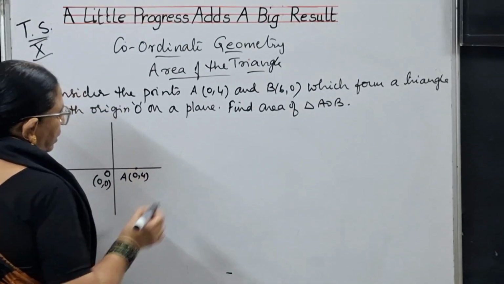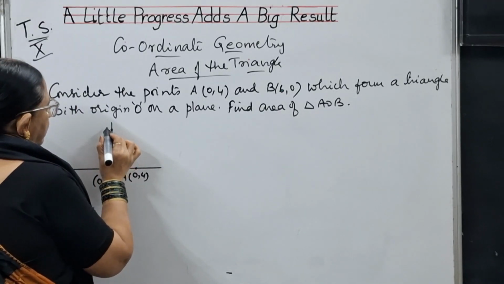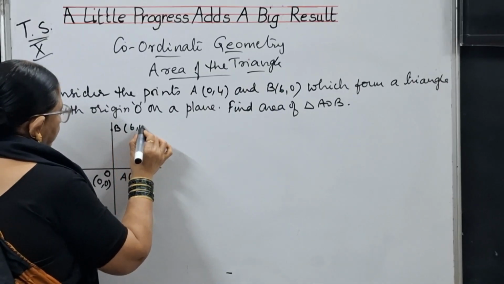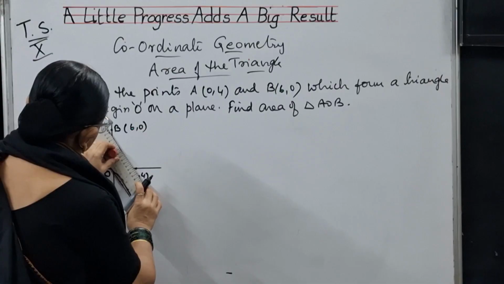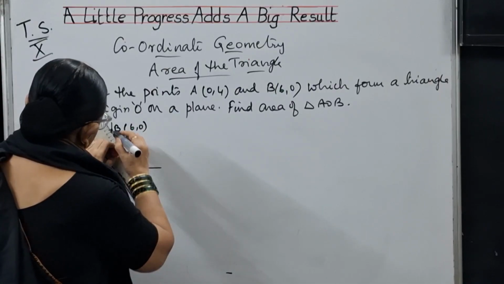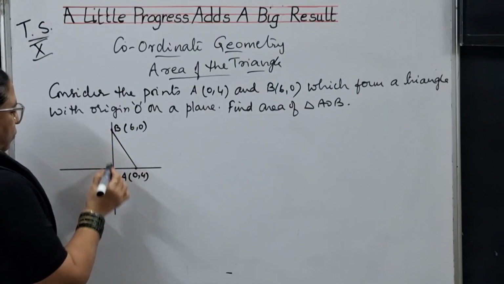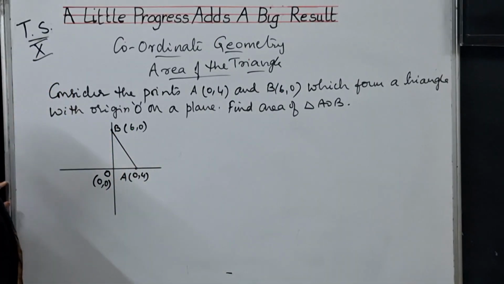This is point A. And a point B. This is B. Its ordered pair is (6, 0). When you join these two, you are getting a triangle OAB with origin. Find the area of triangle OAB.